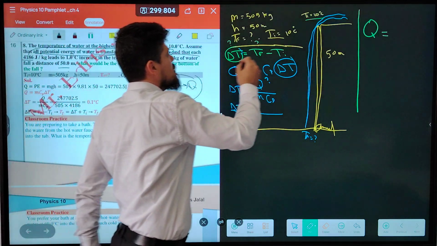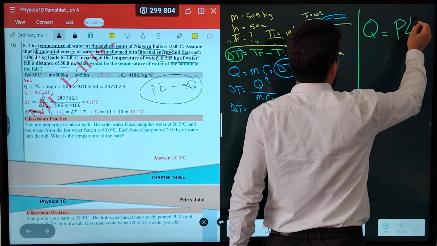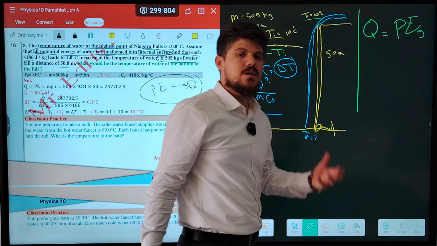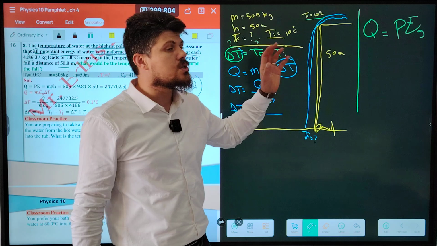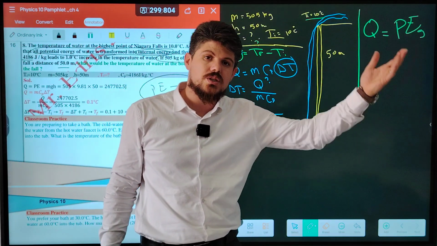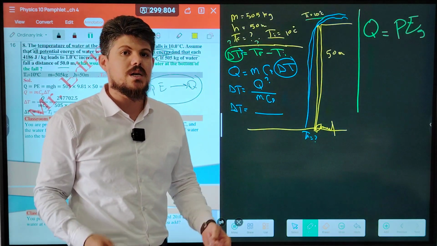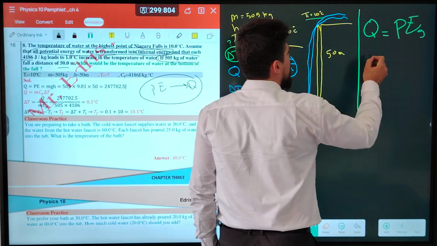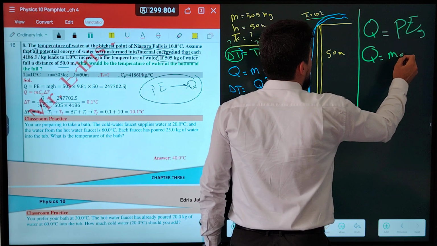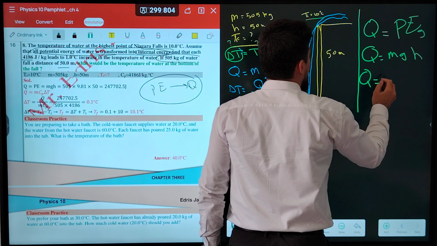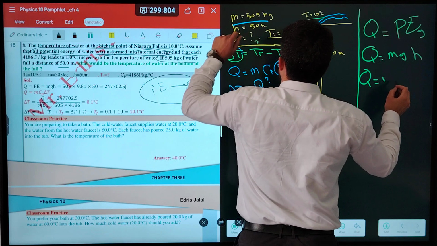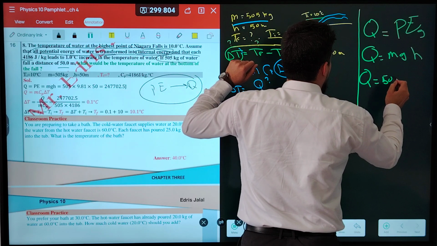It means that Q is equal to what? Is equal to gravitational potential energy. Whenever the question says all gravitational potential energy is converted into internal energy, it means that Q is equal to PEG. Q is equal to mgh. M, the amount of the water, 505.